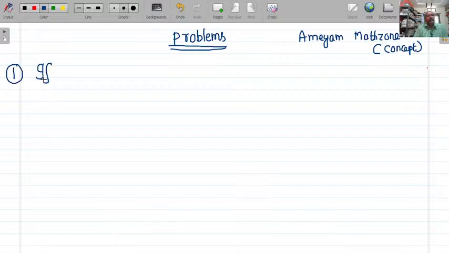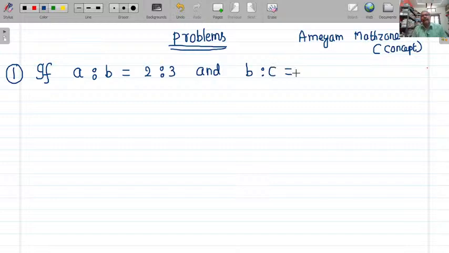If A is to B equals 2 is to 3 and B is to C equals 4 is to 5, then find A is to B is to C. So this is the question.